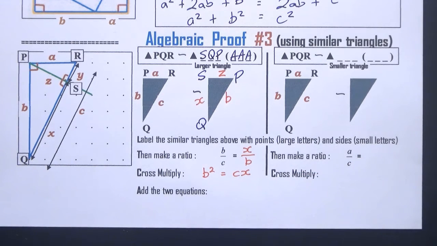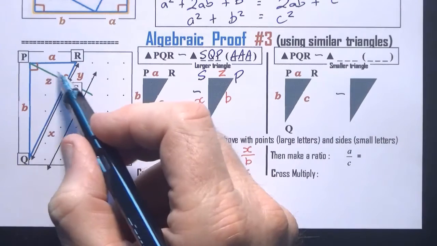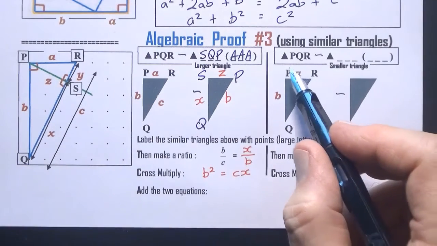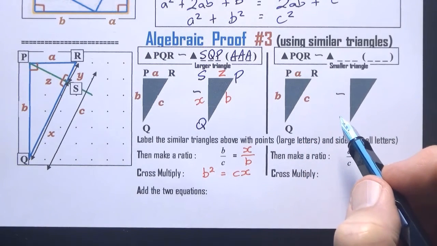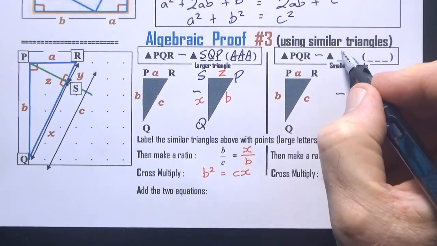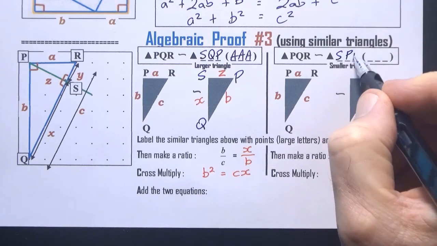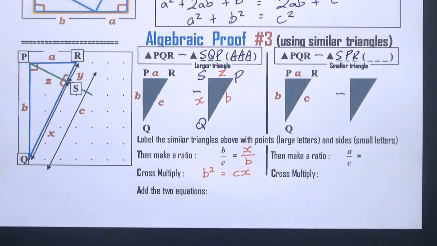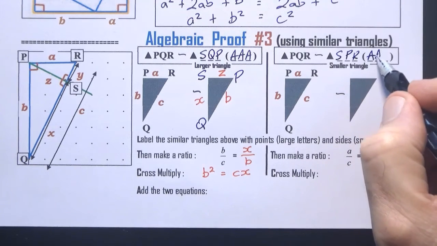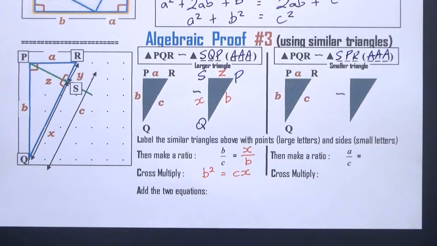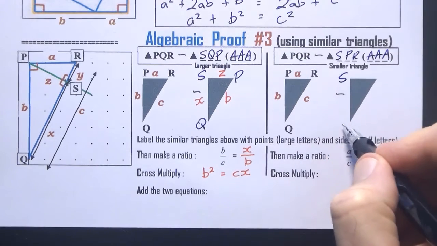Now the other triangle, this one, PQR, is similar to SPR. And of course that's by AA or AAA. Again, SPR.